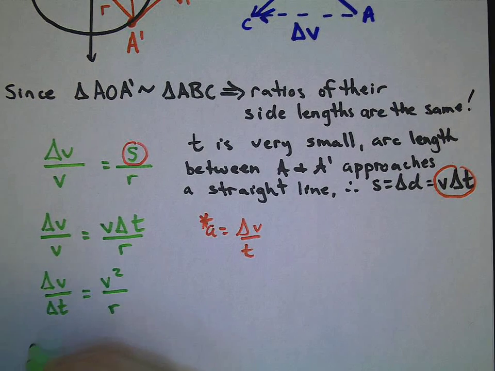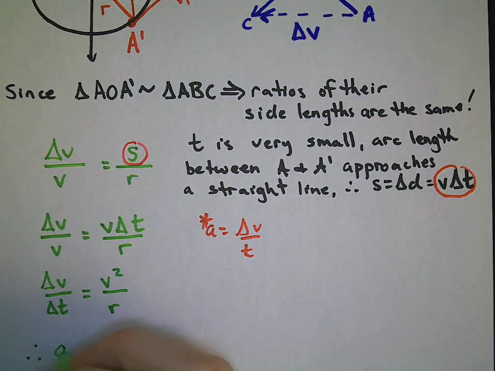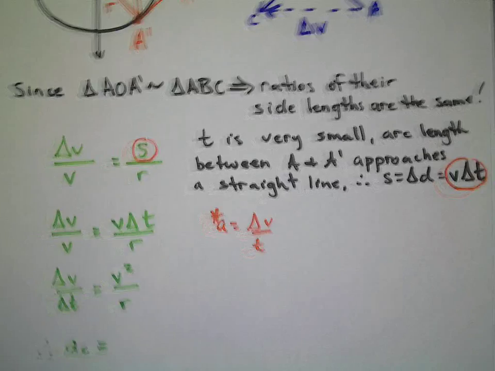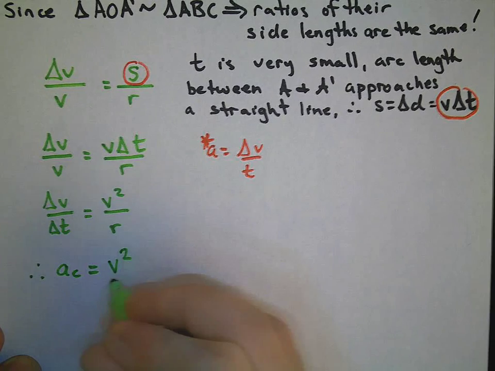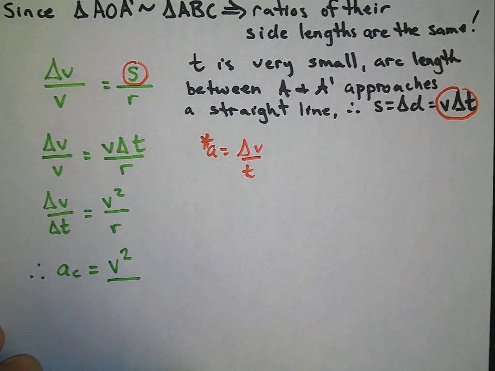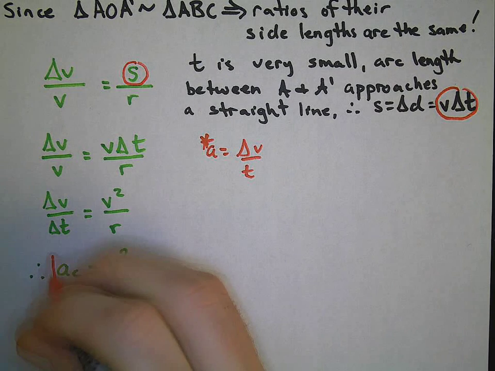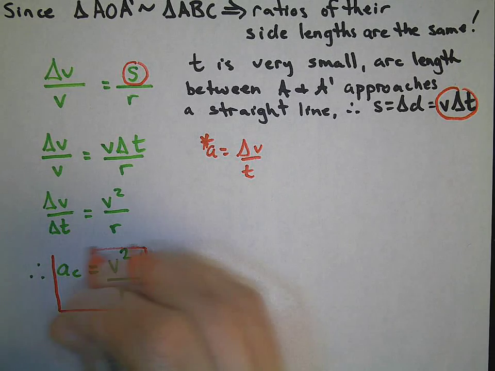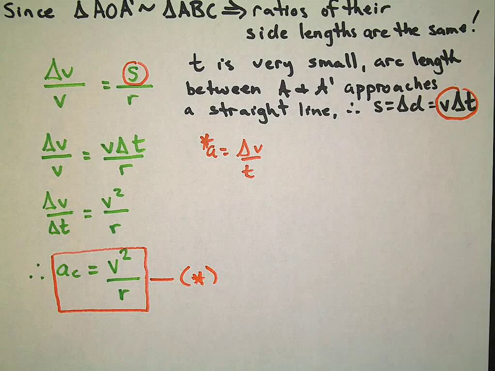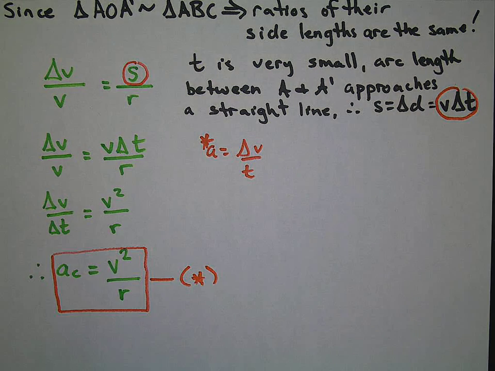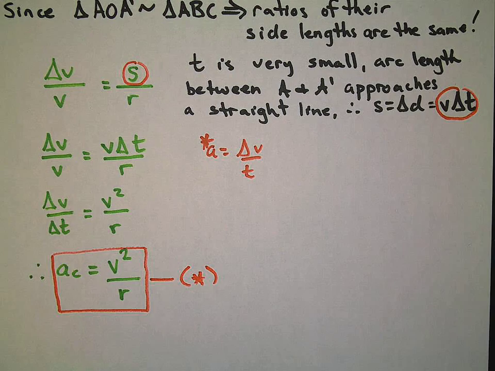Therefore, my centripetal acceleration, AC, can be defined as velocity squared over r. This is one of our main equations that we can use to calculate the centripetal acceleration of an object in uniform circular motion, in which velocity is always changing.